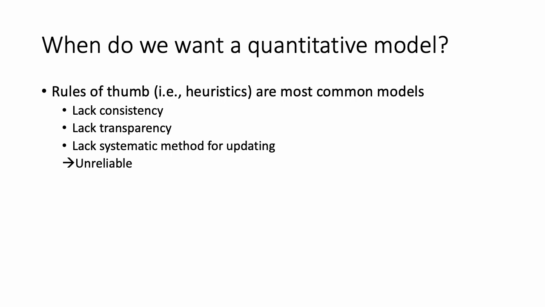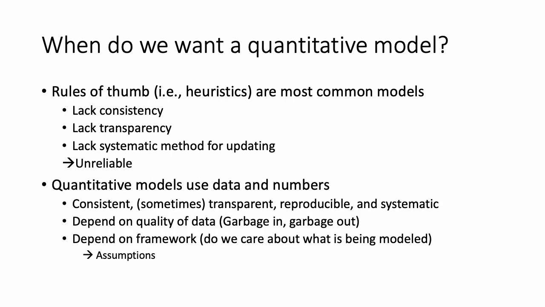Although, as we'll talk about, the human brain is a pretty sophisticated entity, so it can certainly come up with more complex functions than you probably could do using a computer. But for the most part, we want quantitative models that use data and numbers. The idea here is that they're consistent. They're generally transparent, sometimes more than others. Ideally reproducible, and of course systematic. In general, if I put the same numbers in, I should get the same result out each time.